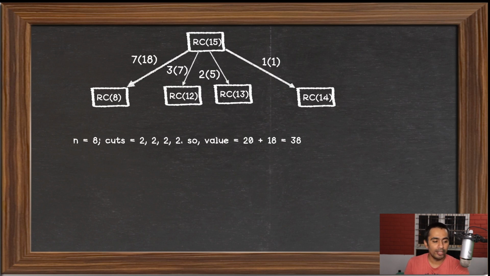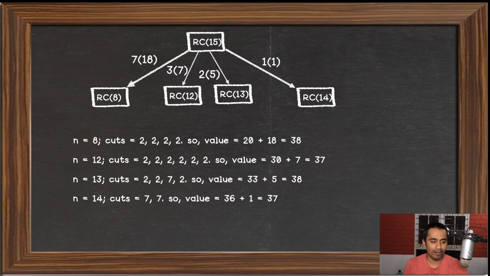Now, if you make an initial cut of length 3, then the maximum value we can get is 37. Similarly, for length 2 and 1 also we have calculated. Once we check it, we identify that the maximum value we can get for a rod of length 15 is $38, and that we get by making a cut at length 7, and the remaining rod we cut into 4 pieces each of length 2.